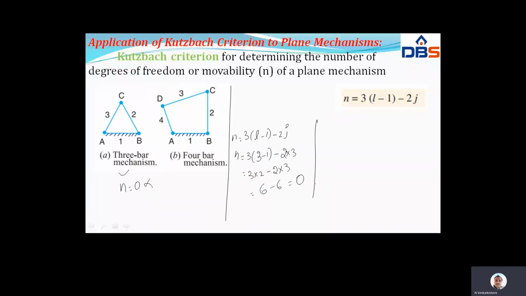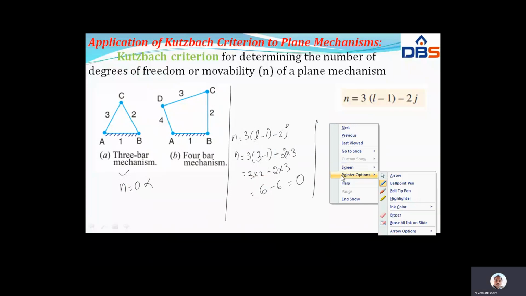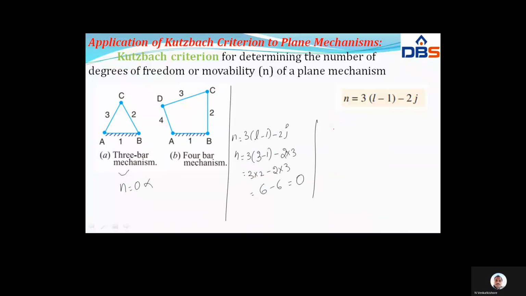So coming to the next one. n equals 3 into the number of links: 1, 2, 3, 4, 4 links, minus 1, minus 2 into binary joints, which are 4 only.